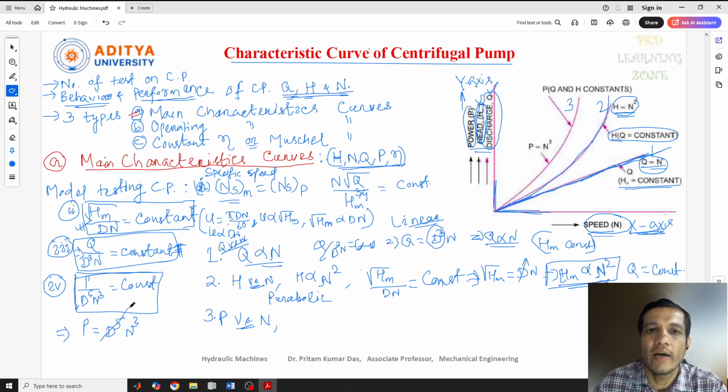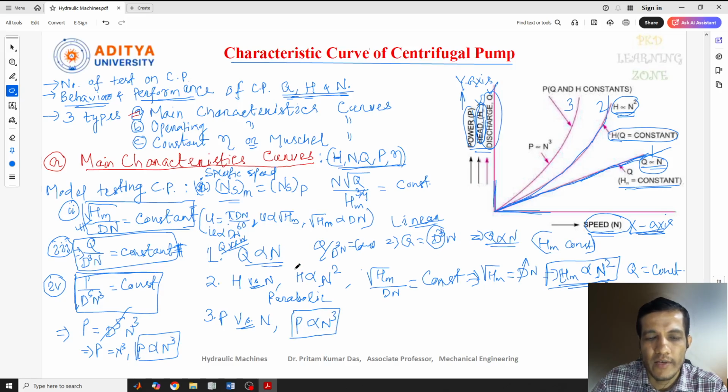Now as I told you, our diameter is fixed, that is constant, so we can write P equal to N cubed, or else I can write P is directly proportional to N cubed. The same thing is given here in this curve. Here it is written that the power is directly proportional to the cube of speed.